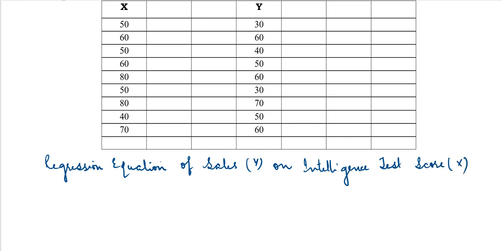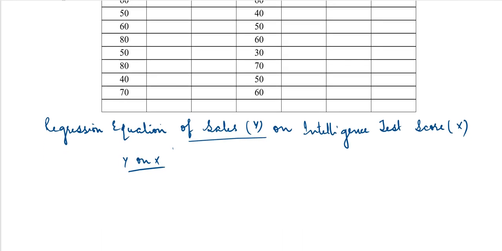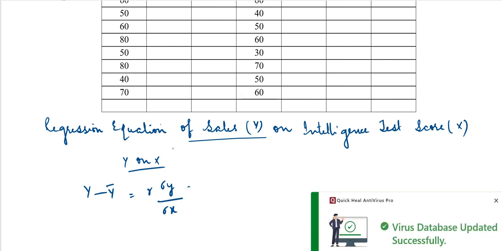Regression equation of sales on intelligence test score. Simply we can say regression equation of y on x. What is your formula of regression equation of y on x? The formula is y minus y bar is equal to r times sigma y by sigma x, into x minus x bar. This is your formula, right?